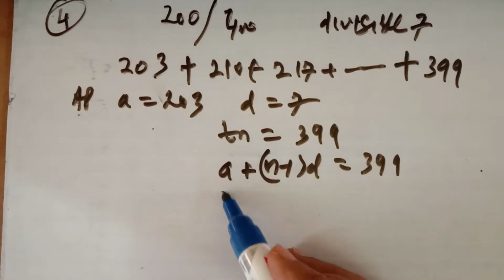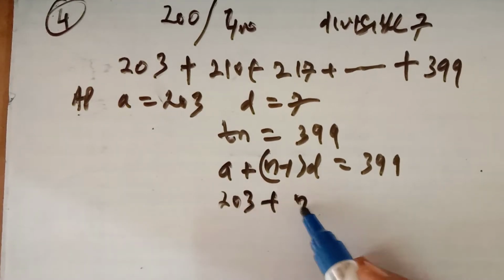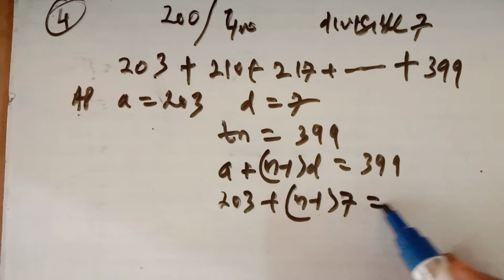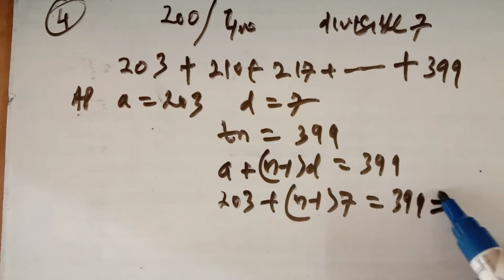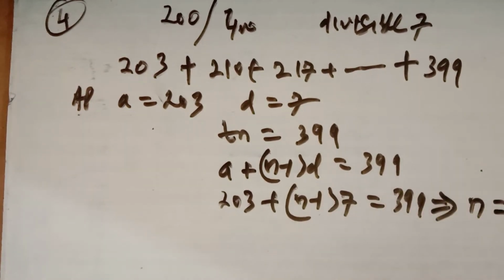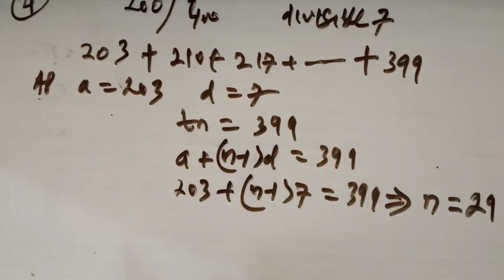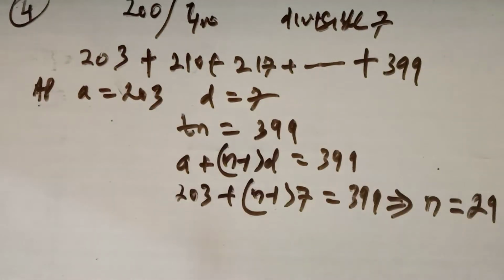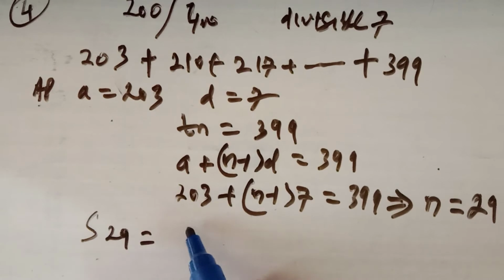Replace the value of this as 203 and common difference is 7. So here you will solve, and the number of terms that come is equal to 29. So it means from this term to this term there are 29 terms. So now you can easily find the sum of the numbers, which is n by 2, a plus l.